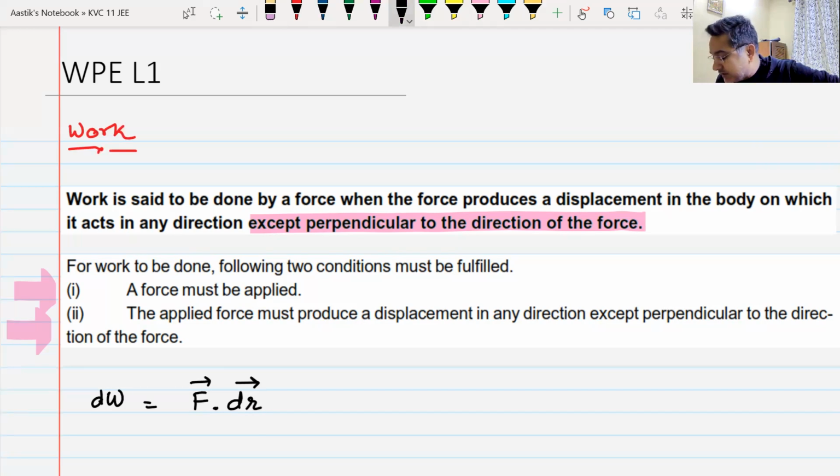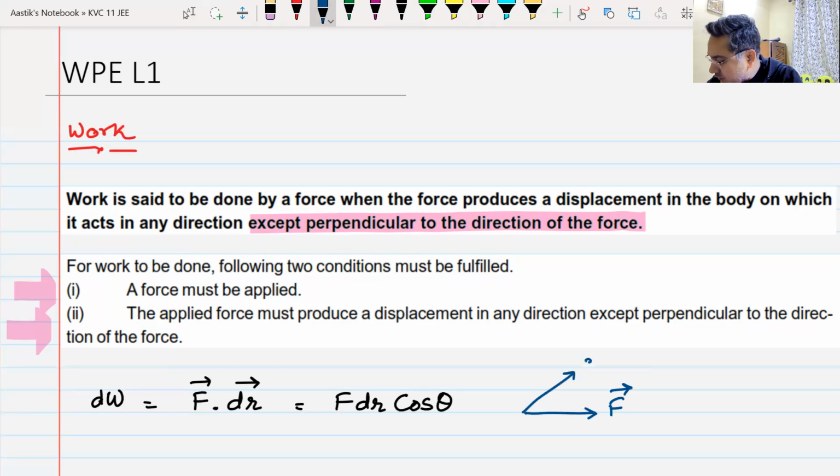Then the work done by this force is F dot delta R, or you can write it as magnitude of F into dr into cos theta. What is this cos theta? This theta is the angle between the vector of force and the vector of displacement.